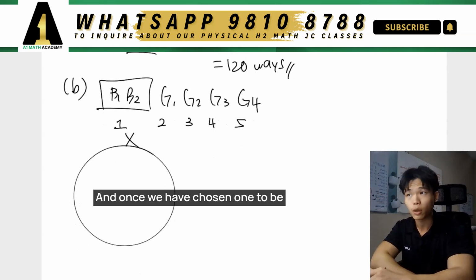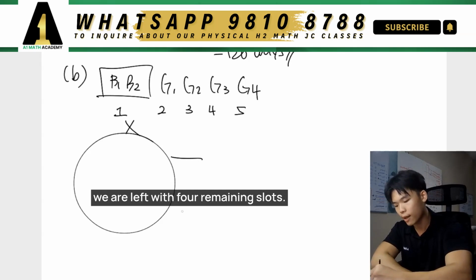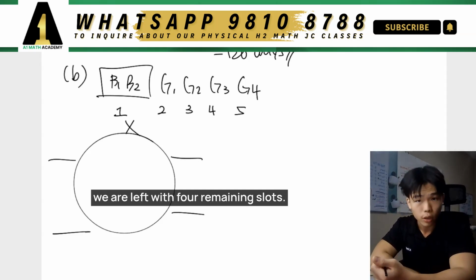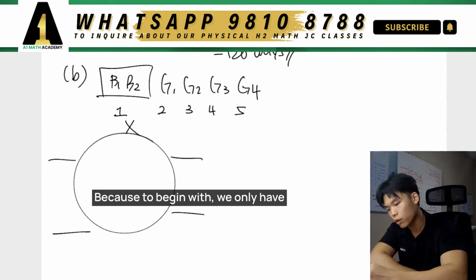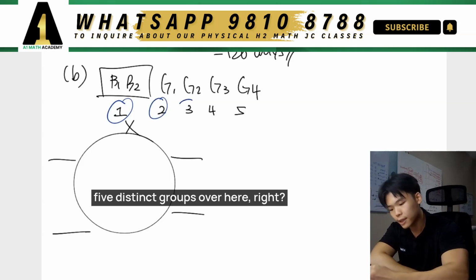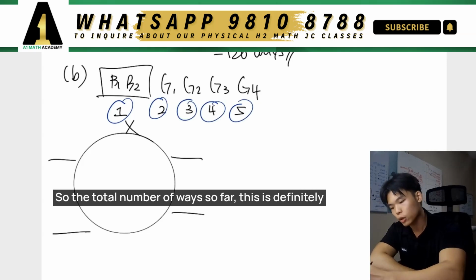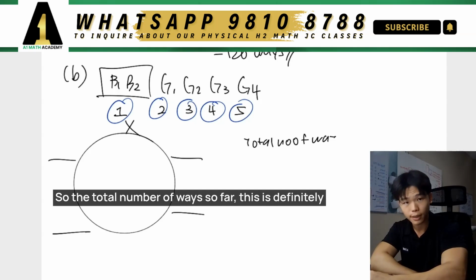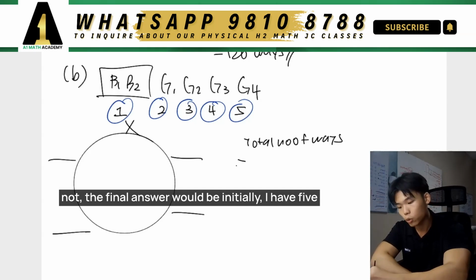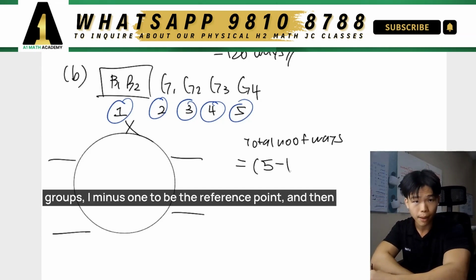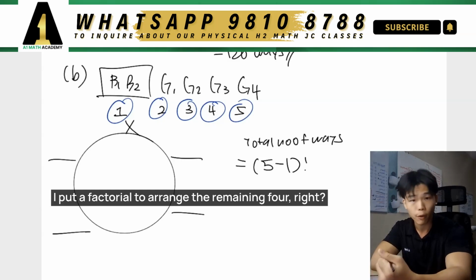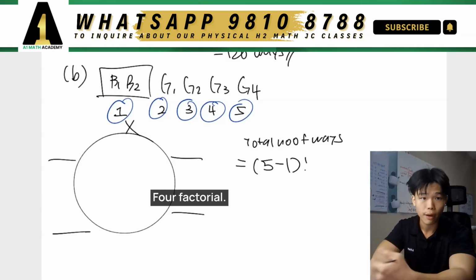And once we have chosen 1 to be our reference point, we are left with 4 remaining slots, because to begin with, we only have 5 distinct groups. So the total number of ways so far, which is definitely not the final answer, would be: initially I have 5 groups, I minus 1 to be the reference point, and then arrange the remaining 4, so 4 factorial.